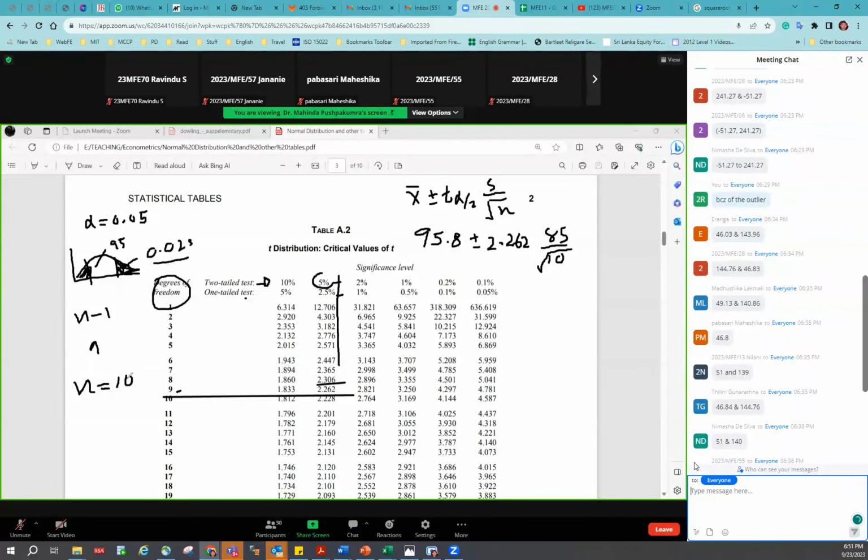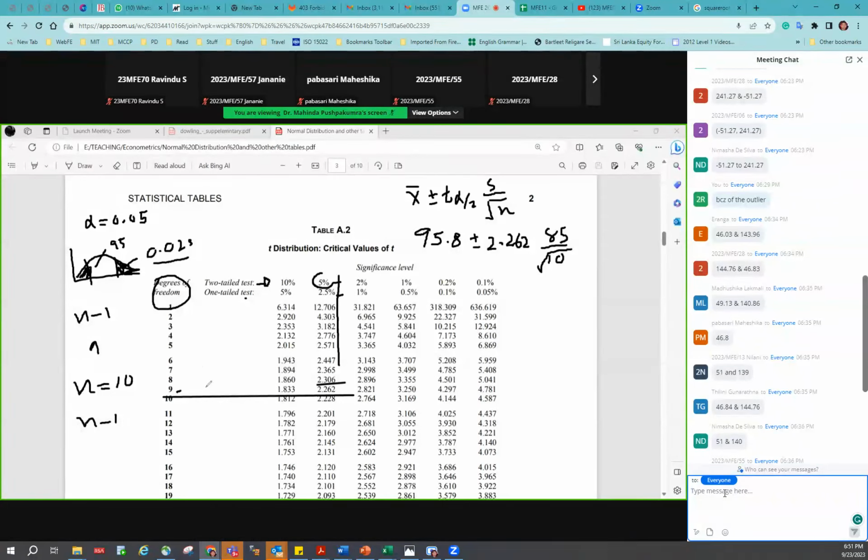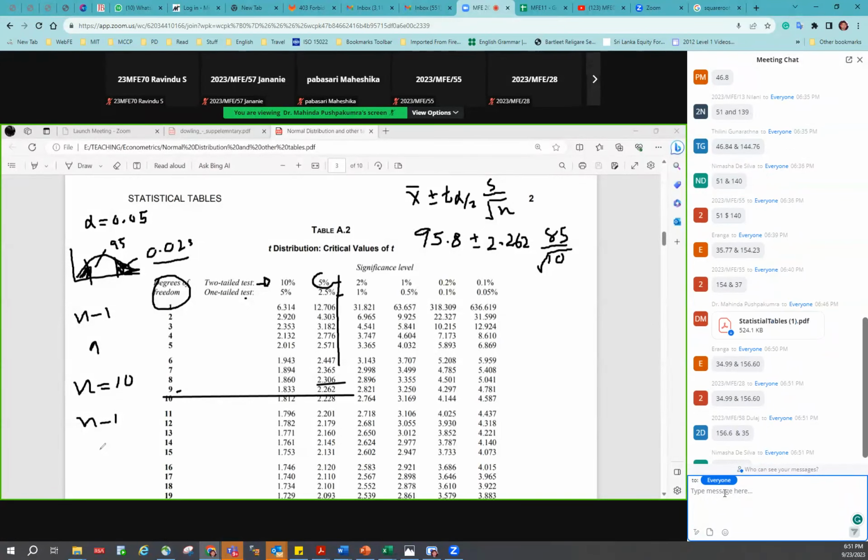Normally we consider n minus 1 as the degrees of freedom. Give me a minute; once we finish this one, I will explain it at the end, otherwise it may take some time.